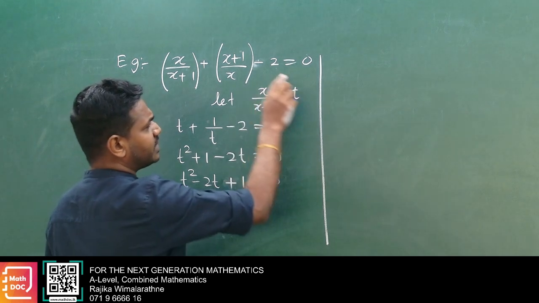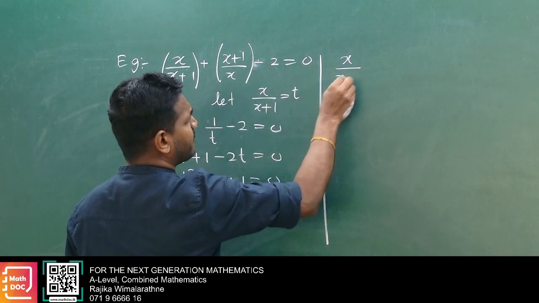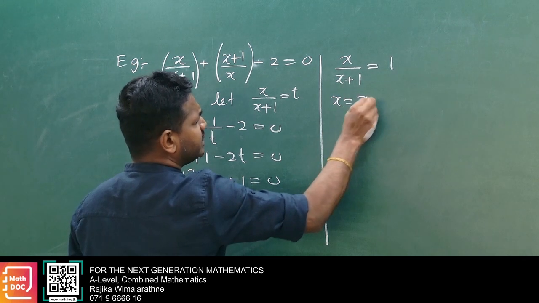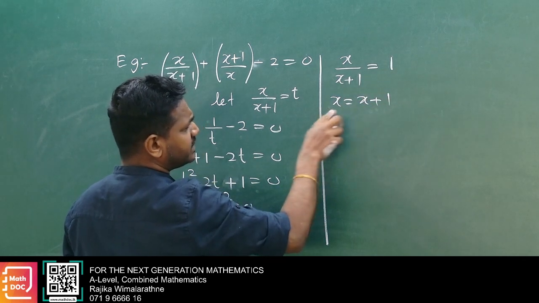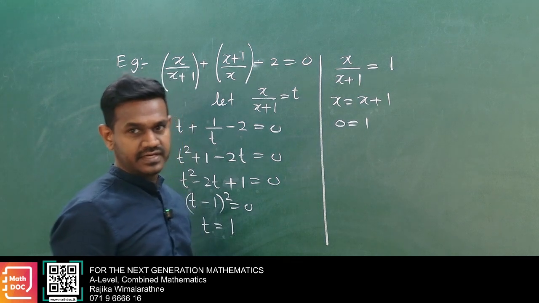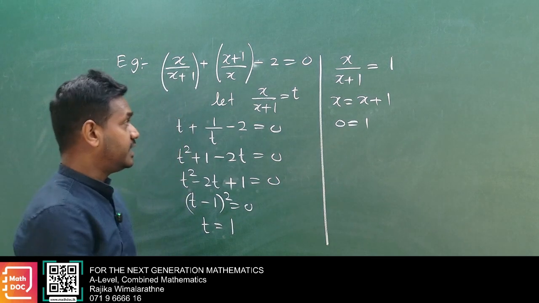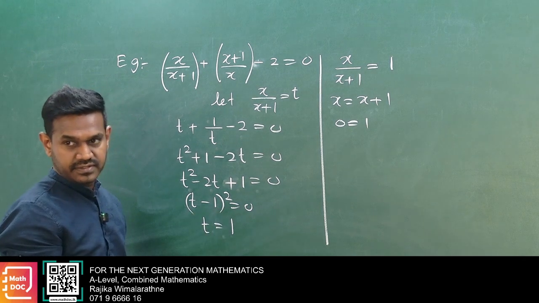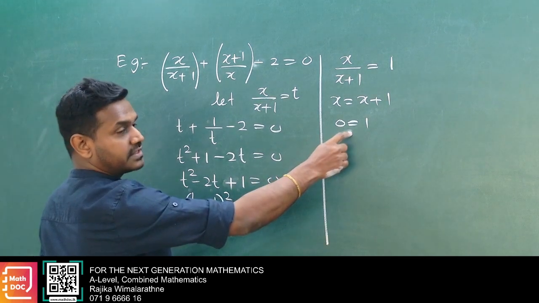Anyway, t equals x over x plus 1. So x over x plus 1 equals 1. Simplify: x equals x plus 1, so here 0 equals 1. After reducing this you get solutions, but here it is a wrong condition.